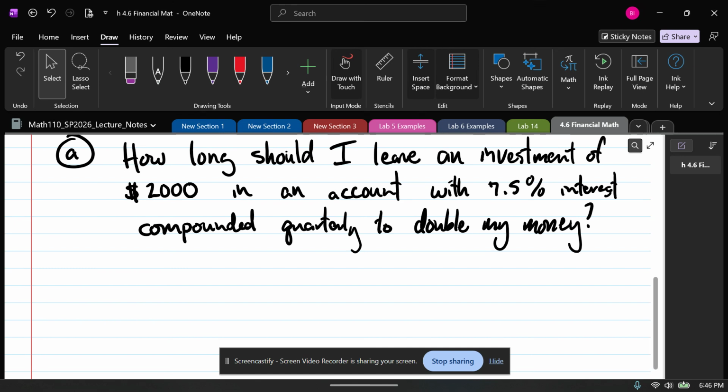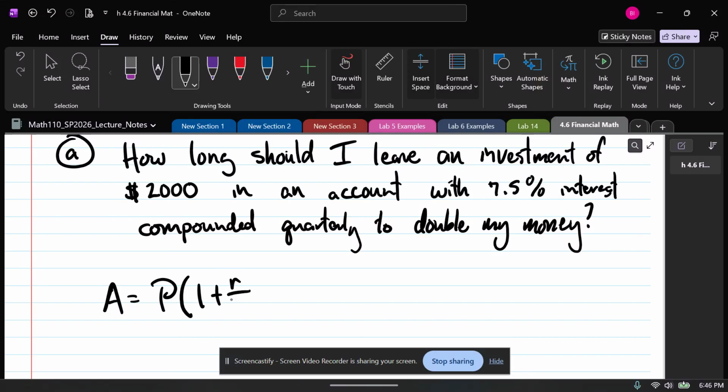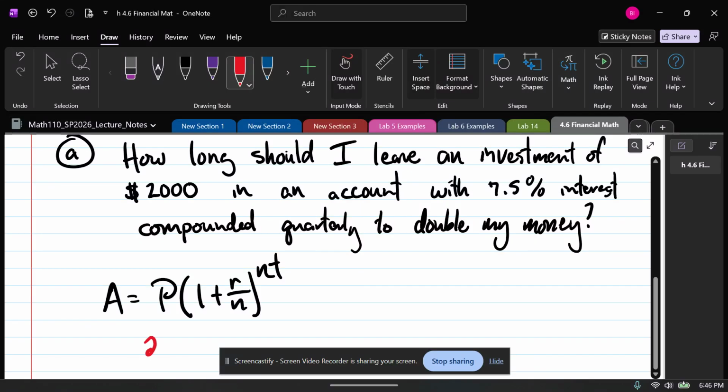So, again, we're going to use that formula. Account worth equals principal times 1 plus R over N to the NT. What is my principal investment? $2,000. That goes there. If I'm doubling my money, what's my account going to be worth? 4,000.